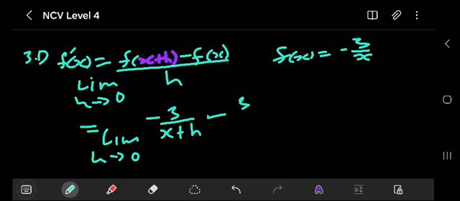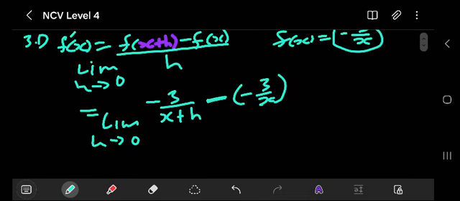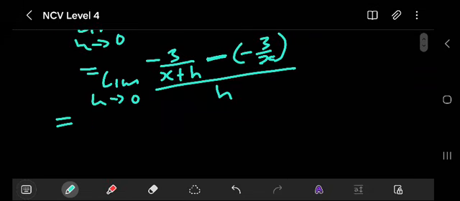There's a negative here, isn't it? The original negative, also there's a negative, so you put your bracket, minus 3 over x like that. Then let's not forget the h, we have the h over h. We continue like that with the equal sign, limit h tends to 0.